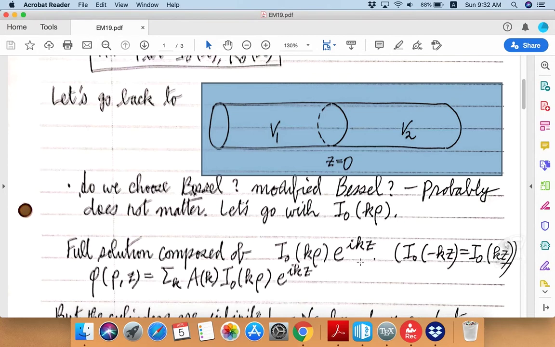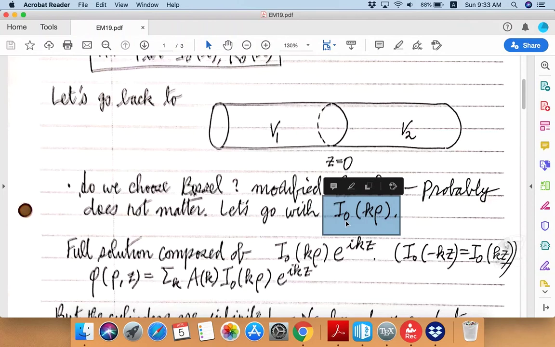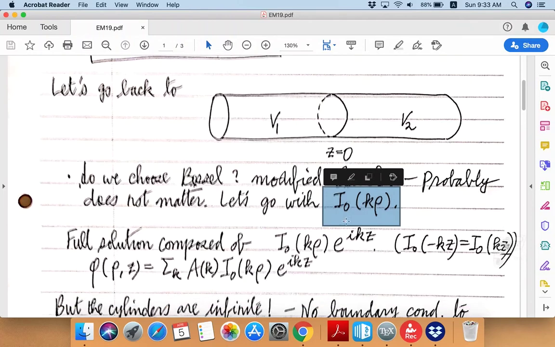So I guess I'll just go with one choice of the sign and see what happens, and leave the other choice of the sign as something for you to figure out on your own. So I'm gonna go with this modified Bessel choice.